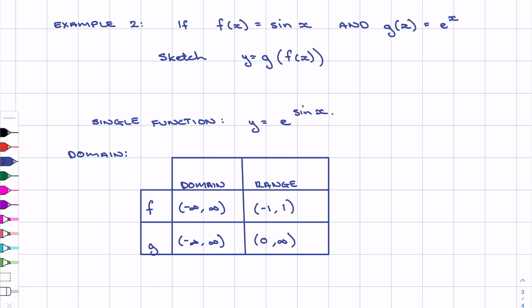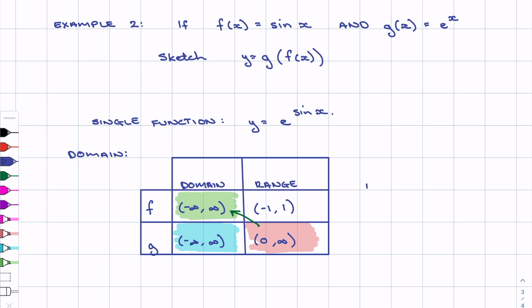Okay, and I'm asking, does the range of g fit into the domain of f? So does this range fit in this range here? I can safely say that it does, which is great, which means I accept the domain of g without any restrictions as the domain of y equals e to the sine x.